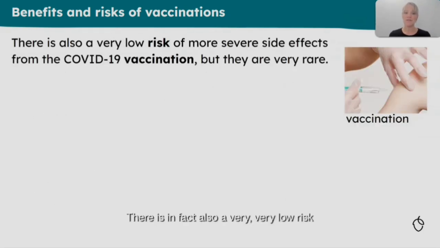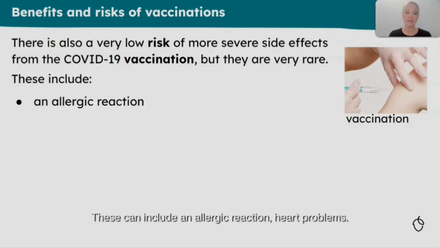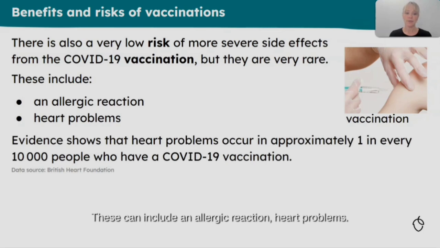There is in fact also a very low risk of some more severe side effects, just like there often are with lots of other types of vaccinations, but they are very rare. These can include an allergic reaction and heart problems. However, evidence shows that heart problems occur in approximately 1 in every 10,000 people who have the COVID-19 vaccination.